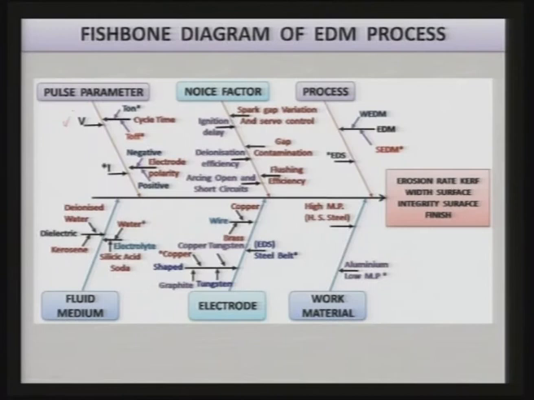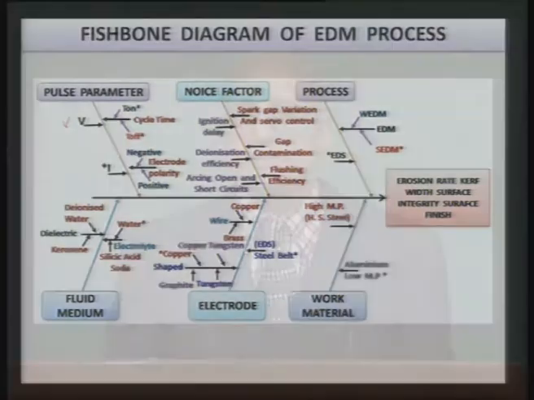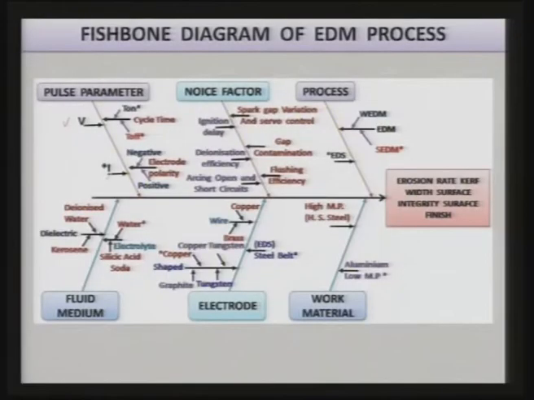First one is the voltage supplied across the circuit in general and breakdown voltage of the circuit. Then current that is flowing in the circuit, that is, the charging circuit is there, discharging circuit is there, that we will discuss today. Then we are using the pulse power supply in EDM.